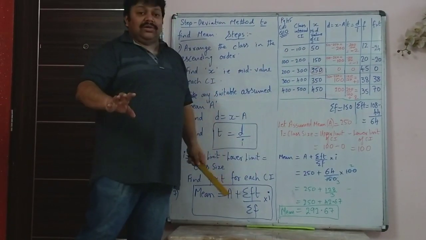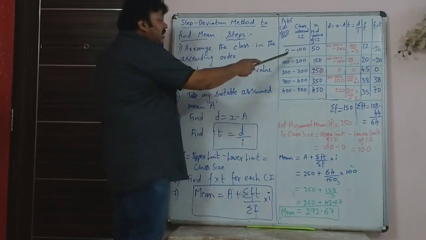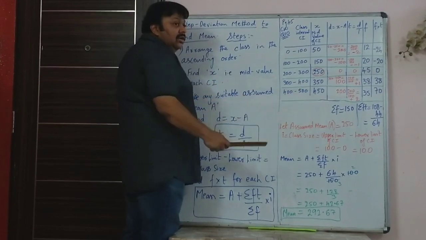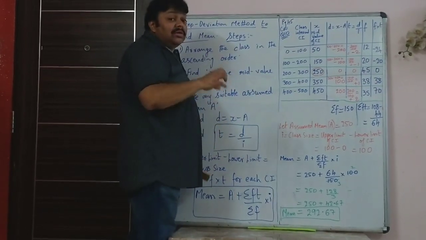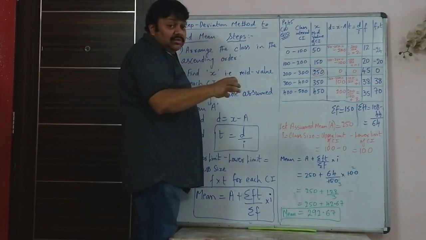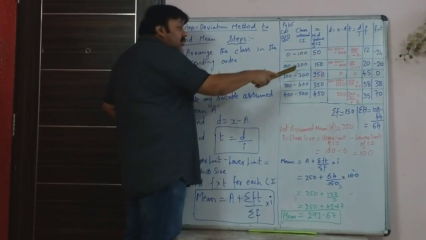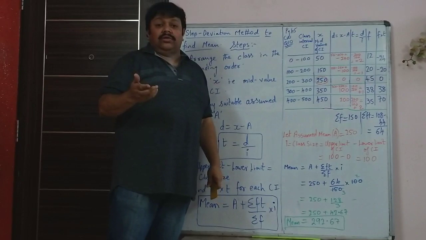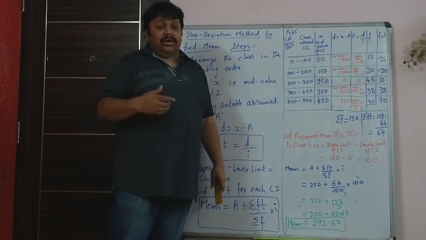Now in statistics, you can't have class size 100 here and then 50 here and then 20 here and again 100. Statistics is comparison of equal sizes. So the class size will always remain same. For example, where do you use statistics? You use it in your one-day cricket matches.